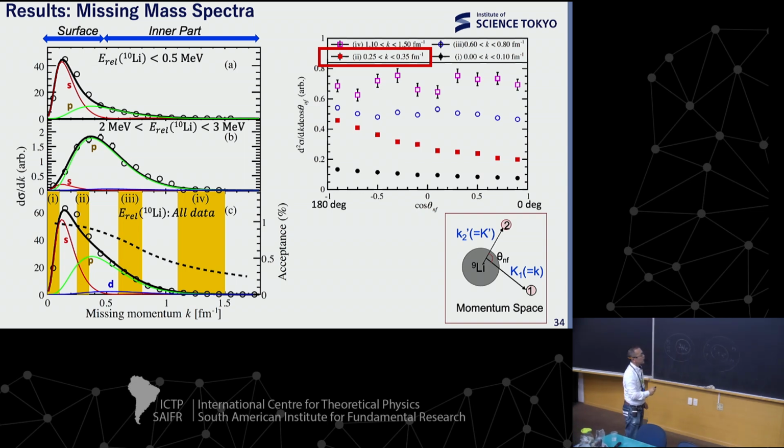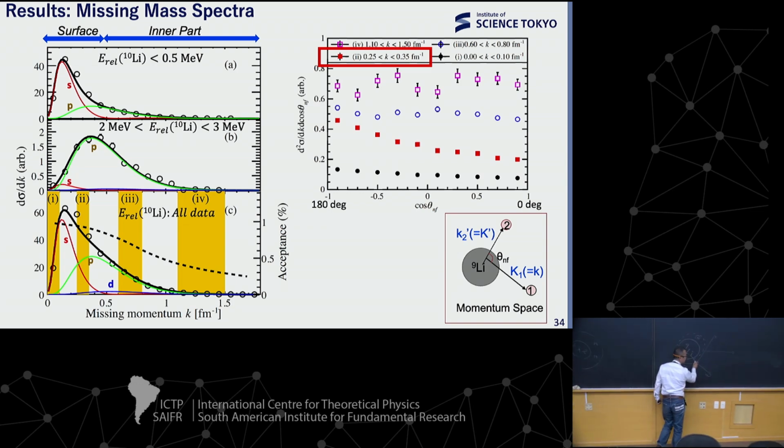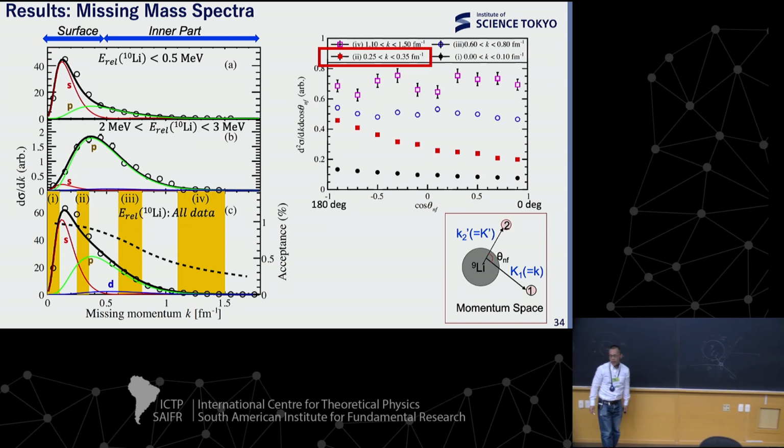So we also have this spectrum. I don't have it here, but this is more like a virtual state, I would say. But we don't call it a virtual state, this is just a momentum distribution of this particle.